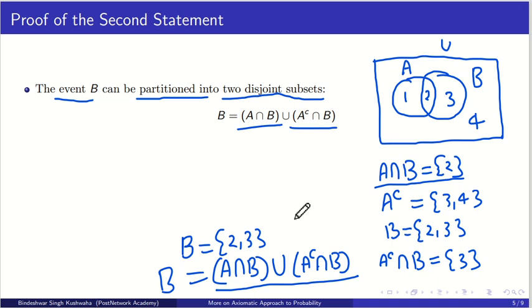So let us use this concept and prove the formula. So let us take it further.